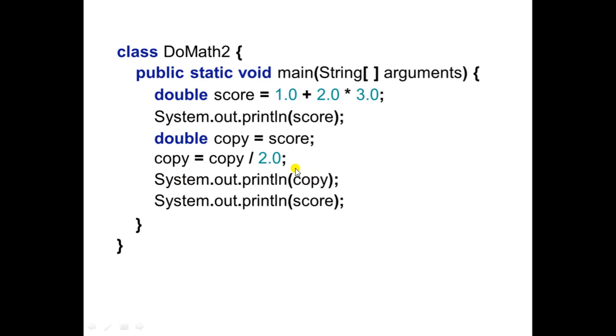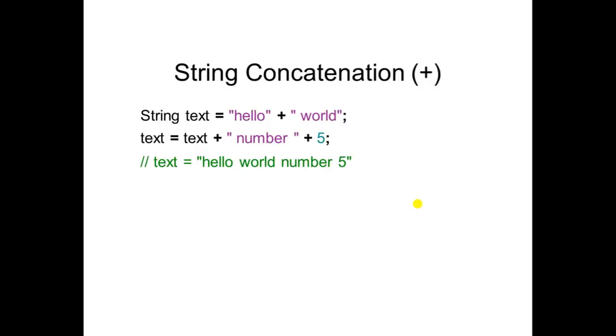So if you have the question of how to store the original value, you need to create a copy. Here score will not get updated, the score value will remain 7.0. Instead, the copy value will get updated.